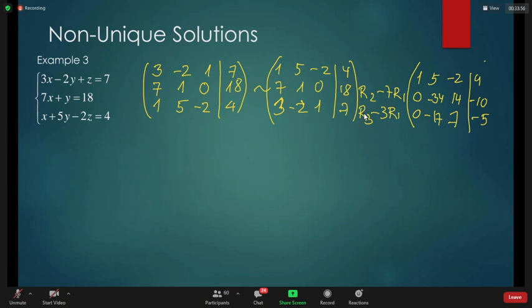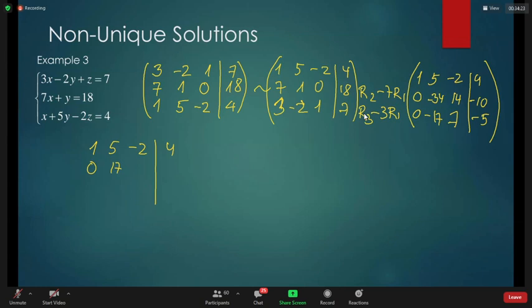So what we see, in fact, is now we can, for example, divide the second row by 2. So that would be 1, 5, minus 2, 4, 0, minus 17. Or we can divide by minus 2. Let's make it a plus 17, divide by minus 2.